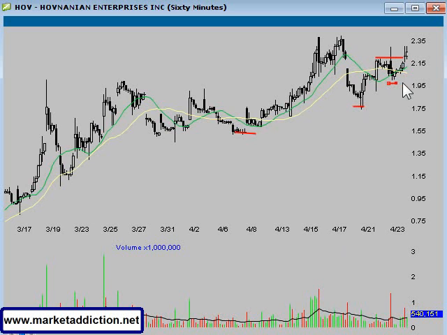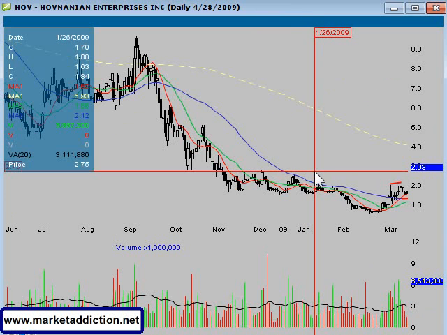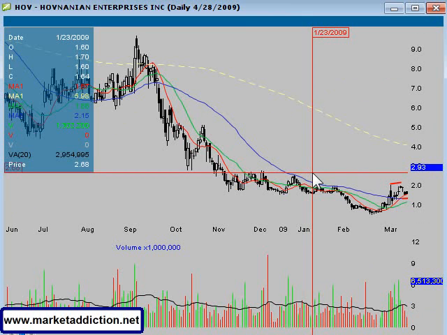I had my stop right around this level, and then in order to get a profit target, of course, I had to go back out to the daily chart, which I had around the $2.70 area, which is right around in here.